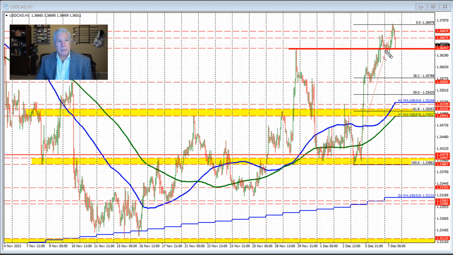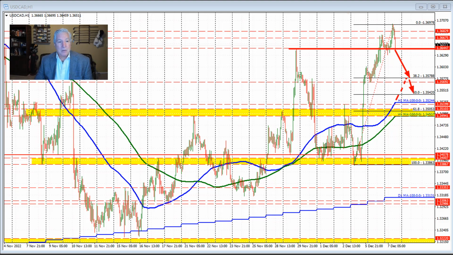It's a little below the close from yesterday, and below this old high right through here. So if we were to move back below that level, I think we head down toward the 38.2, maybe the 50% retracement, and have the 100-hour moving average start to catch up to the price perhaps. It's moving sharply to the upside through here. We'll be watching those levels on the downside.